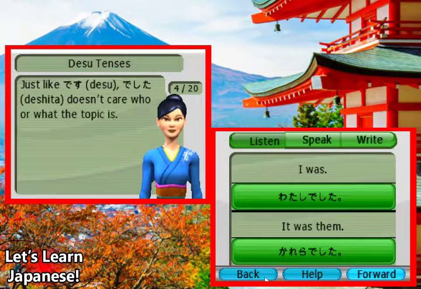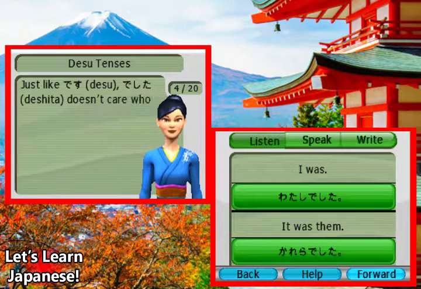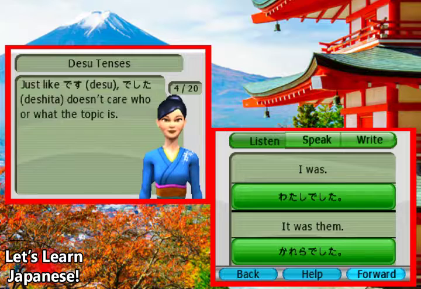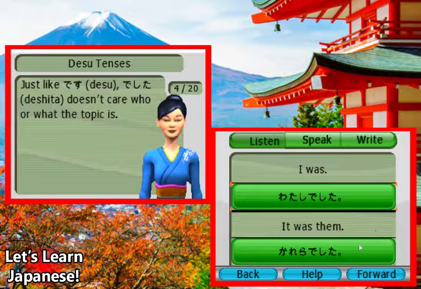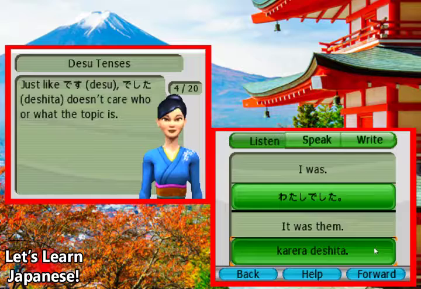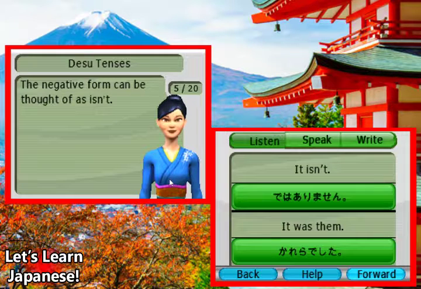I feel like I skipped a step. Okay. So, just like desu, deshita doesn't care who or what the topic is. Watashi deshita. Karera deshita. Okay. The negative form. Okay.